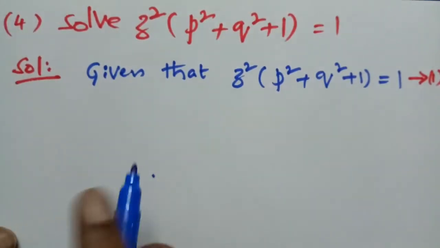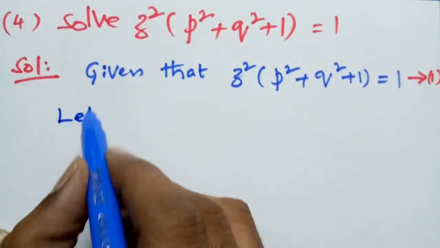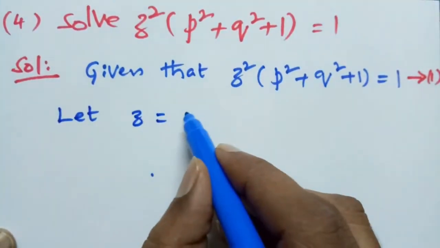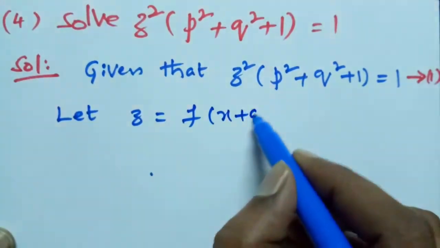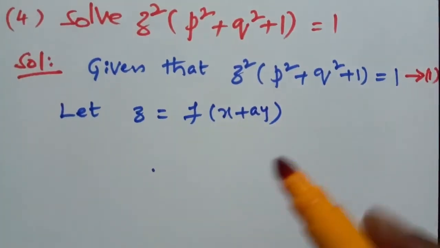As explained in the method of solution, let z is equal to f of x plus ay. Say this is equation number 2.